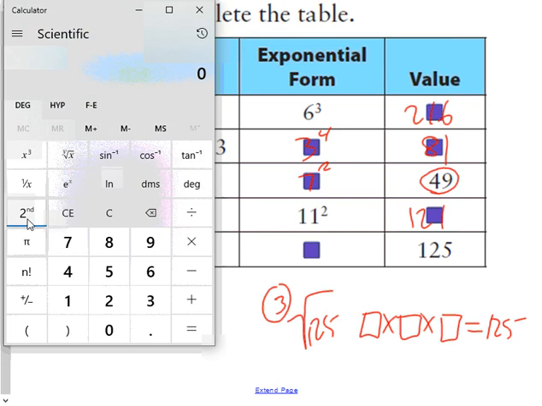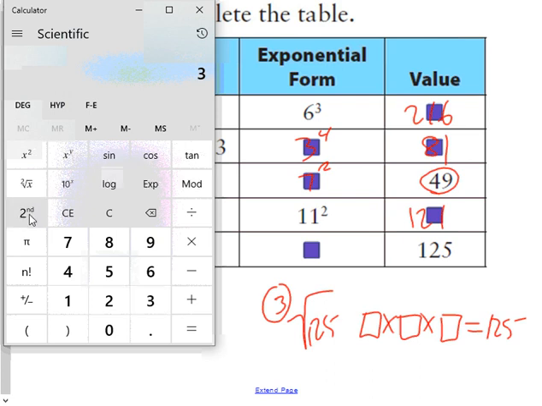Okay? So here's what we're going to do. I'm going to first tell it it's a cube root by pressing 3. Then I press my second function, and this button right here. What that tells up there, if you read it, it says the third root of 125, and then press the equals button. Oh, I did that wrong. Shoot.